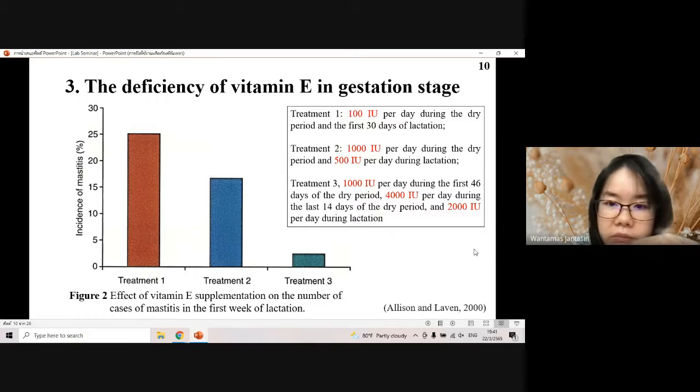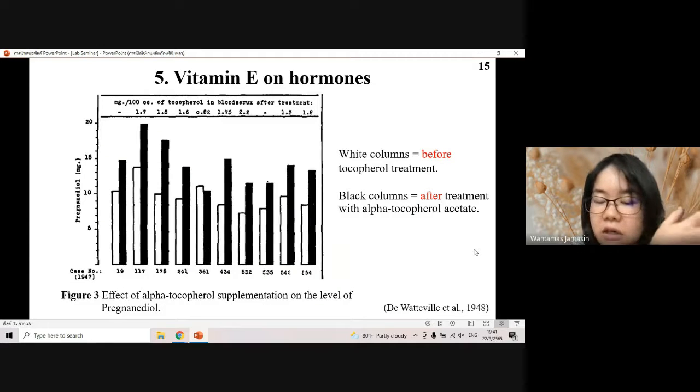But from slide 15, they collect the data from patients, who are also unhealthy humans, right? So the amount of vitamin E is still very small compared with dairy cows.